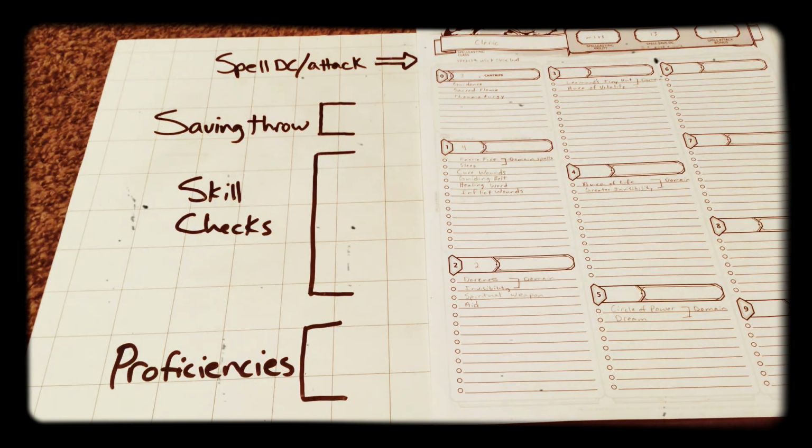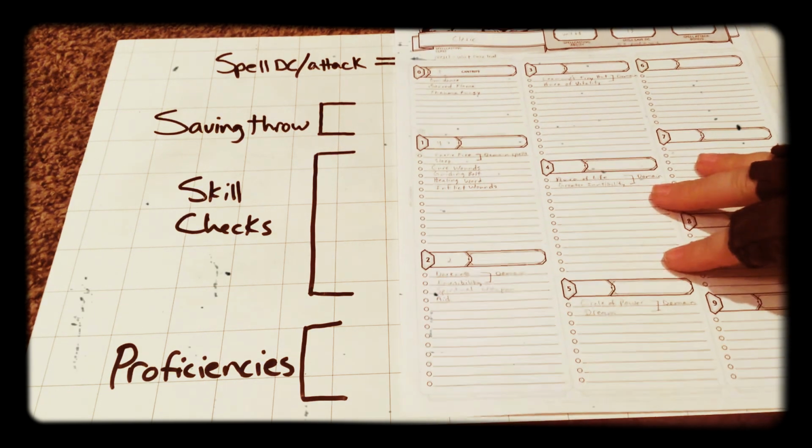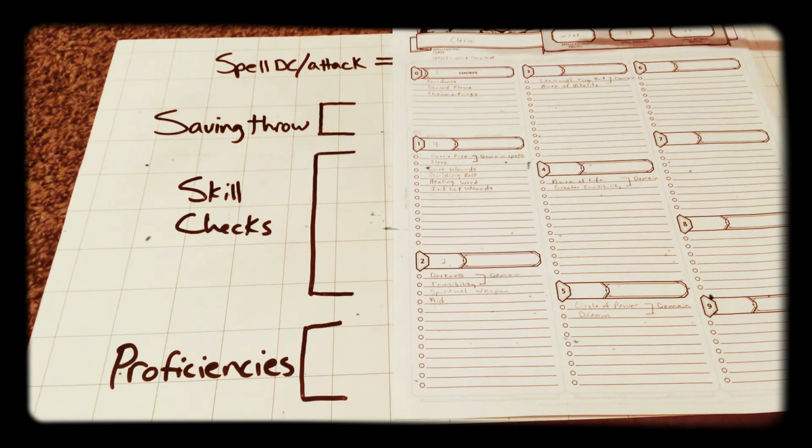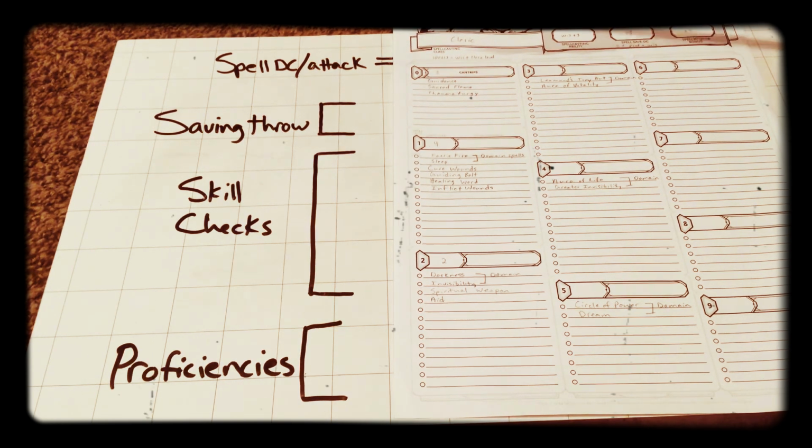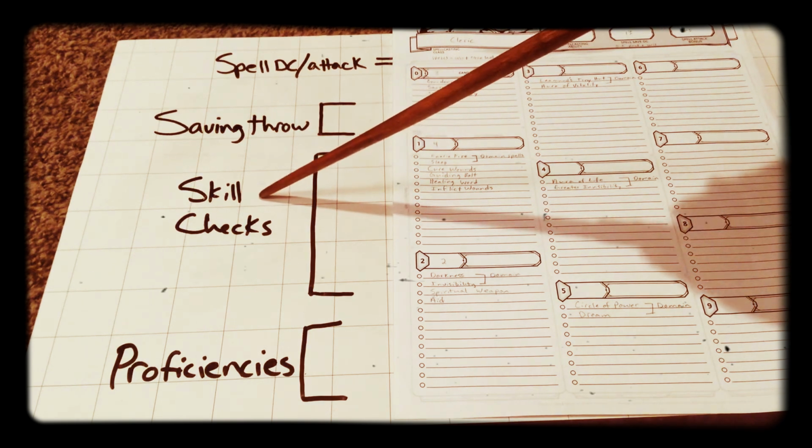Now, you'll notice, let me scooch this over a little, that there are some boxes up here at the top of the character sheet. You have your spell attack bonus, +5, and your spell save DC, 13. These correspond to this. So, spell attack bonus is your spell skill check.